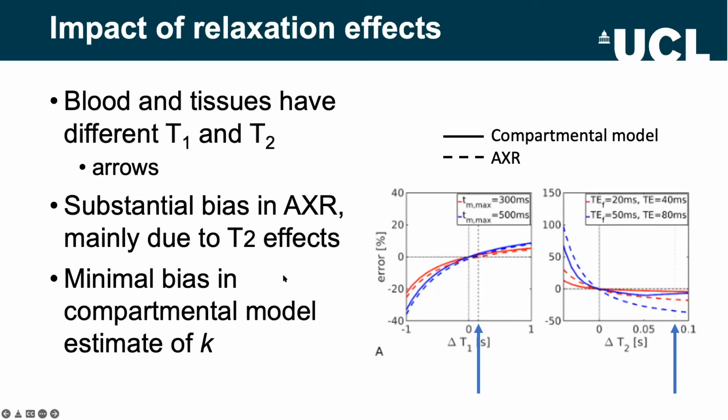Happily, though, when we use our compartmental model instead, the errors are much reduced, as shown here in the solid lines, but they're still not negligible. So we're still getting potentially 10% errors due to T2 in particular, even when we're doing the compartmental modeling.